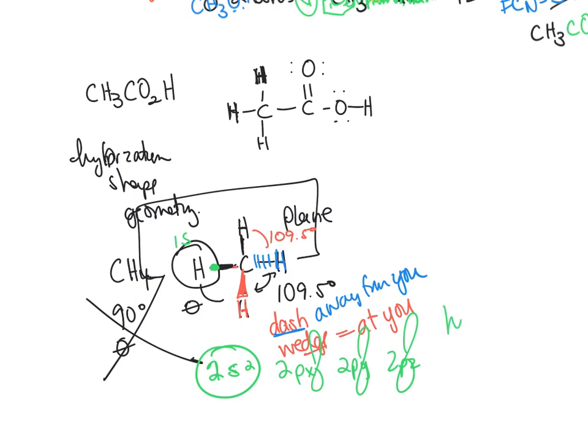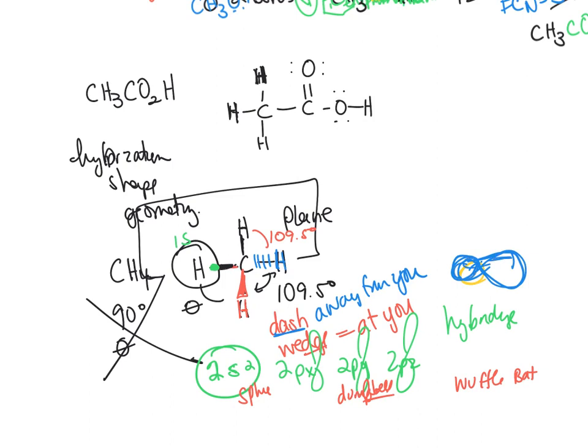Now when these hybridize, they get a new shape. It's not a sphere, it's not a dumbbell. It is a wiffle ball bat. Some of the s comes and some of the p comes, and so now it looks more like this, a wiffle ball bat.